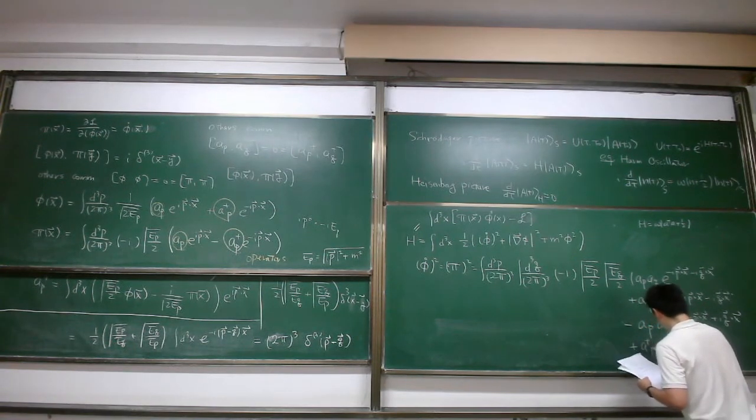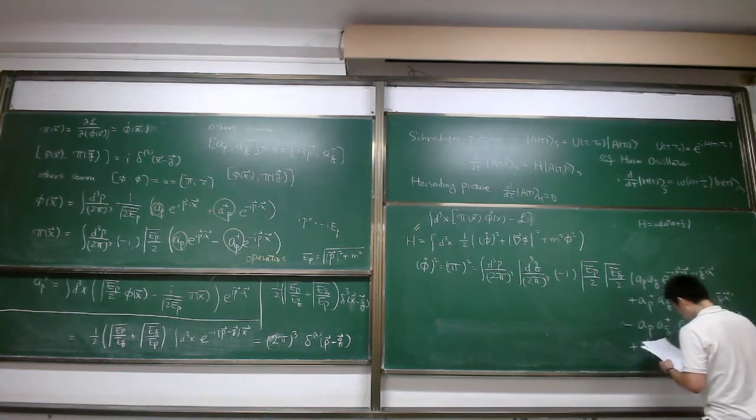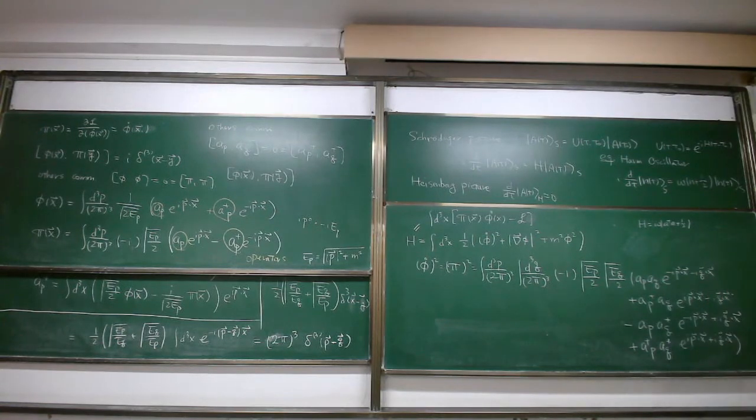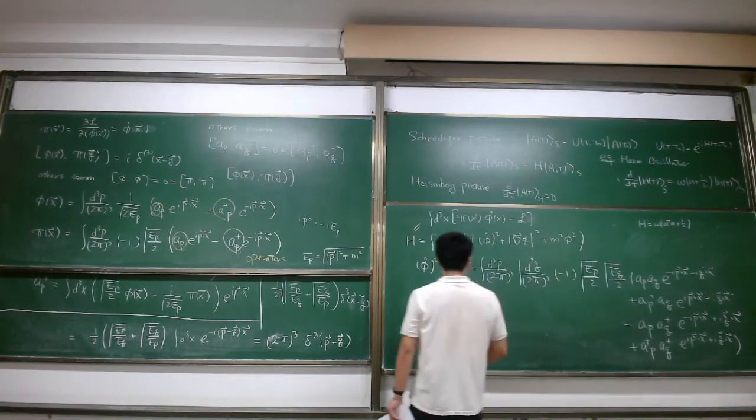Unfortunately, you have to do this kind of computation to derive it, and it is quite horrible in this case. So this is the term for phi dot squared, and we should do the same thing.